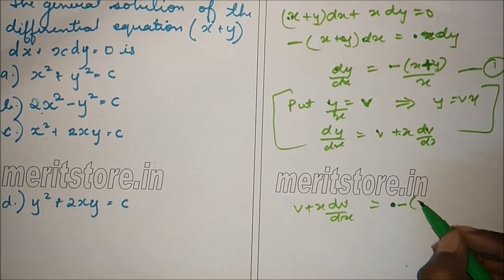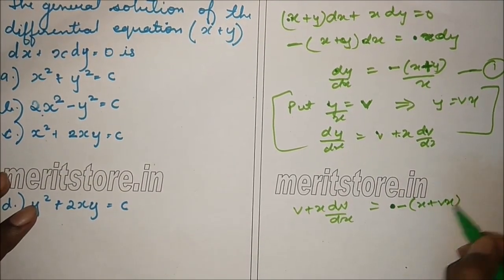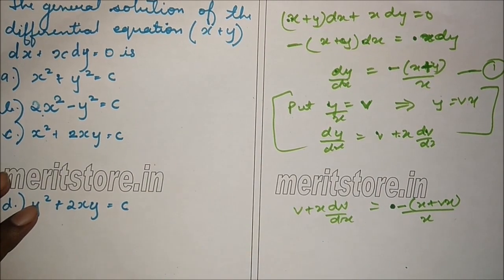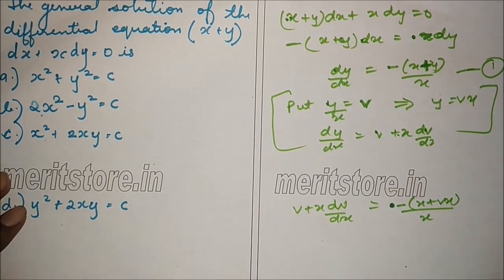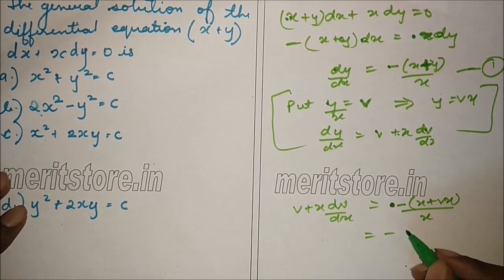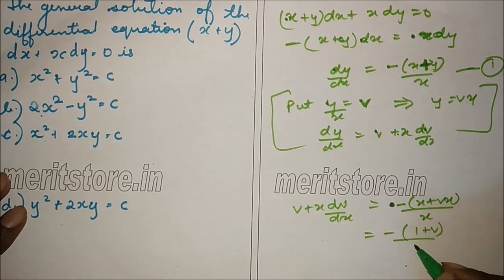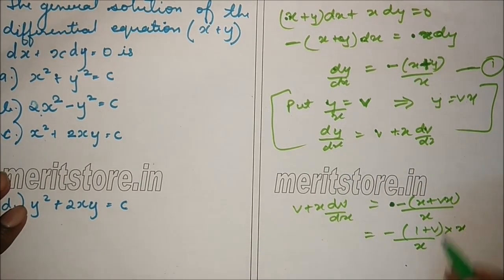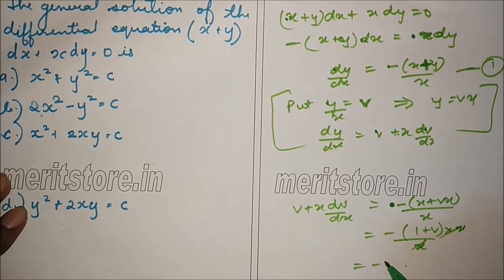We get dy by dx is v plus x dv by dx equals minus of x plus y, which is vx, divided by x. Now if we take x common from the numerator, we get minus of 1 plus v divided by x into x. So x gets cancelled, we are left with minus 1 minus v.